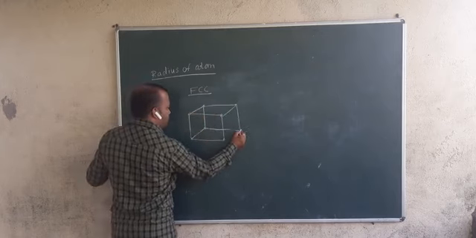How many spheres are there? 4 into 4 upon 3 pi r cube, and this will be into a cube. But a's value you know, so we will substitute this value. 4 into 4, pi value I will substitute 3.14 r cube, upon 4r upon root 2 cube.